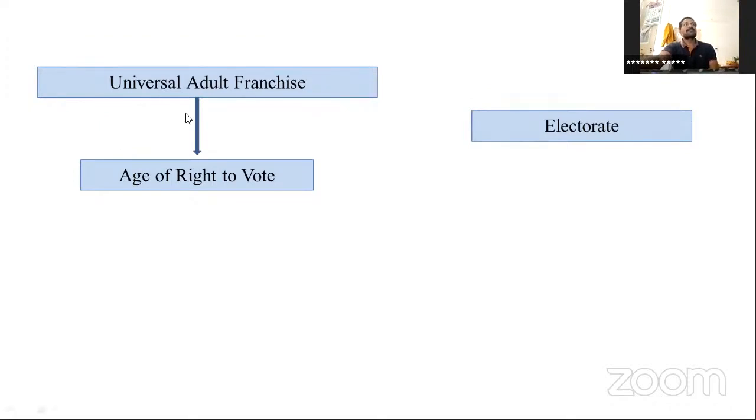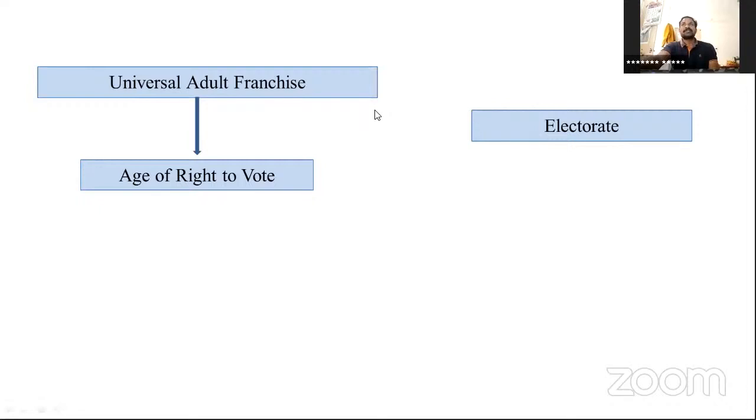What is the universal adult franchise? Adult franchise or adult suffrage, both are the same. Those who have completed 18 years of age according to our Indian Constitution are eligible to vote and are registered in the voter list by the Election Commission.